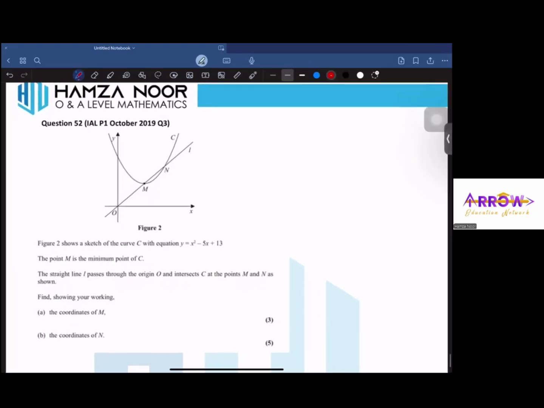So first thing first, we have an expanded form of the quadratic equation over here, which is y equals x squared minus 5x plus 13. What we can do is convert this into a completing square form, and then we would be able to tell the coordinates of M. M is basically the least turning point of the quadratic graph.